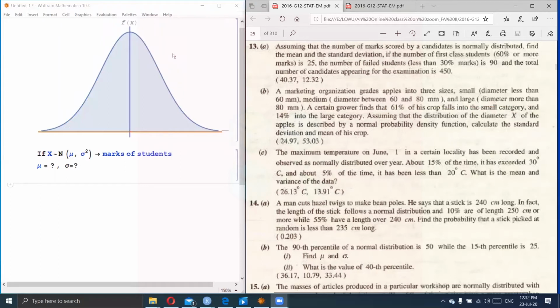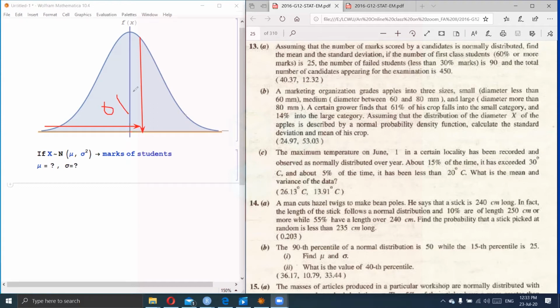So we will plot a point on the number line below which 61% area lies. Starting from minus infinity to this point, area is 60%. Up to the middle, up to the mu, the area is 50%. So 61% must be on the right tail. So this area is 61%.